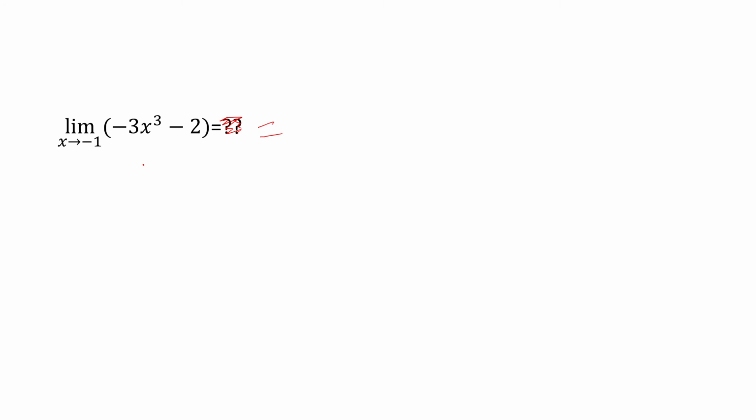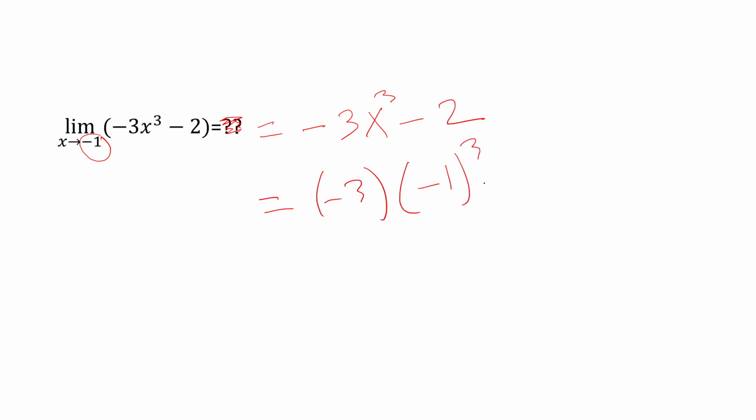So now let's evaluate the limit of minus 3 times x cubed minus 2 as x approaches negative 1. Like always, write out the quantity, minus 3 times x cubed minus 2. Then the second step, replace x with the value, negative 1.